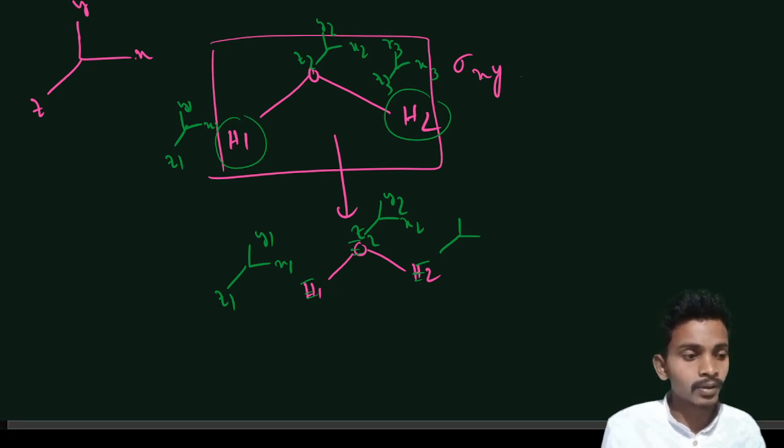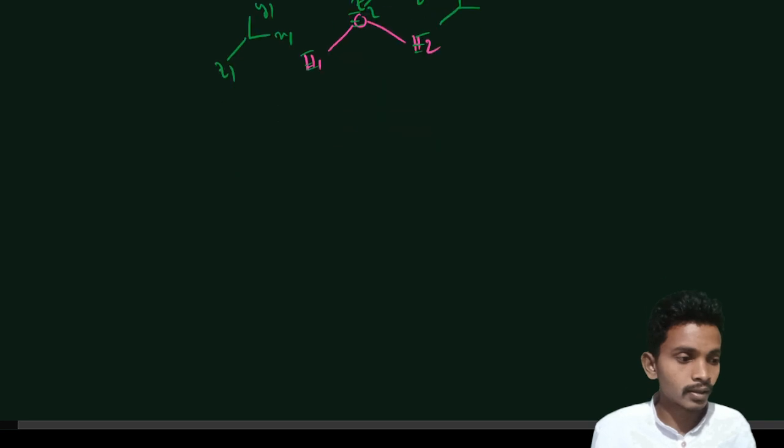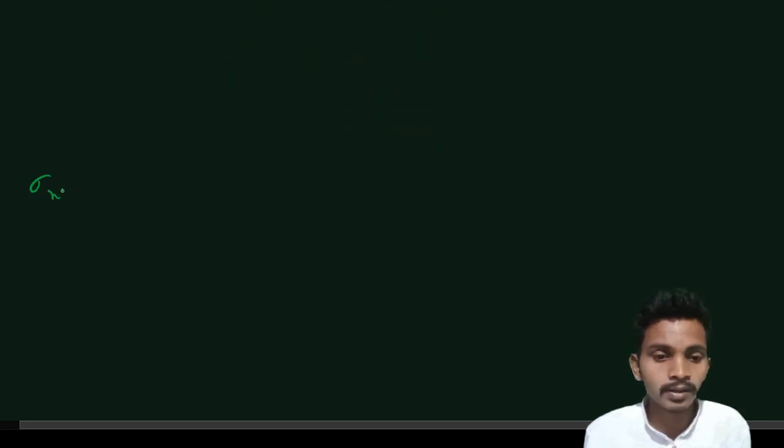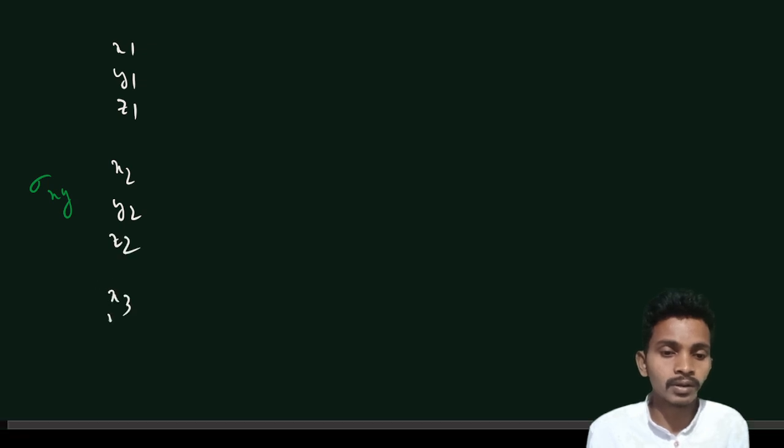So if you calculate the characters, how does the character for sigma xy look? You look at x1 y1 z1, x2 y2 z2, x3 y3 z3.